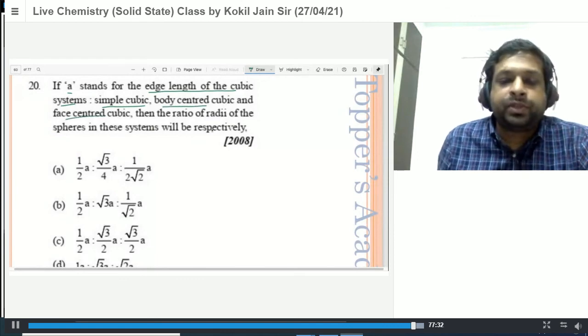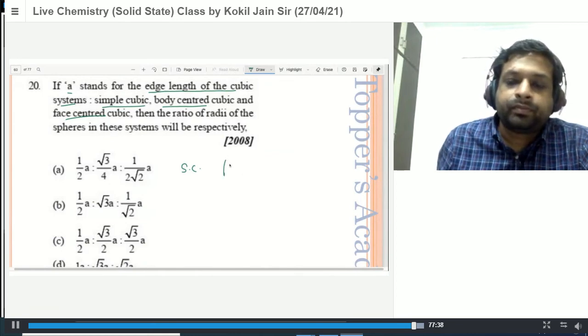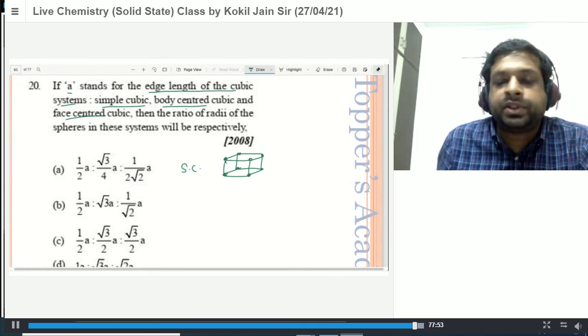In a simple cubic system, we see this type of arrangement, only the corner sites. If atoms are arranged at the corner sites, then the distance between two is 2r equal to a.